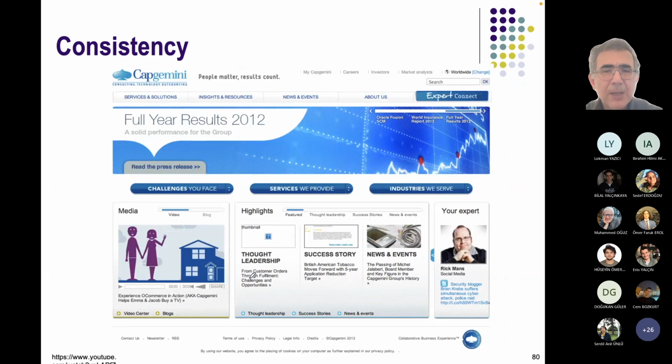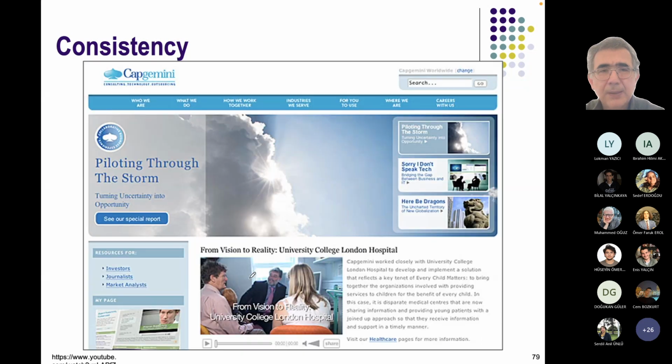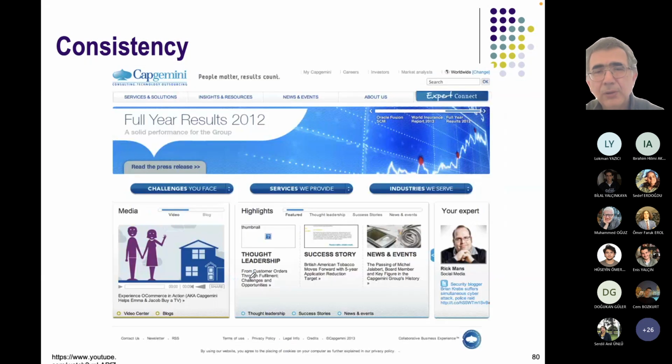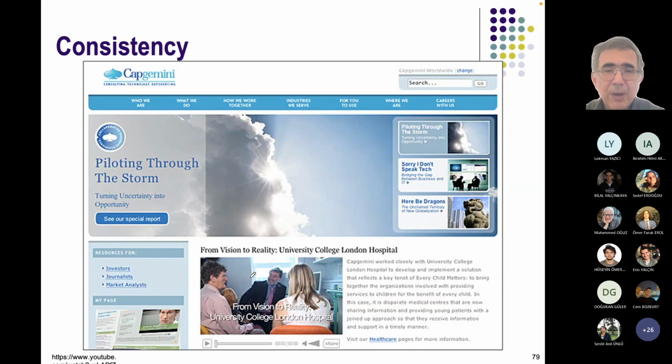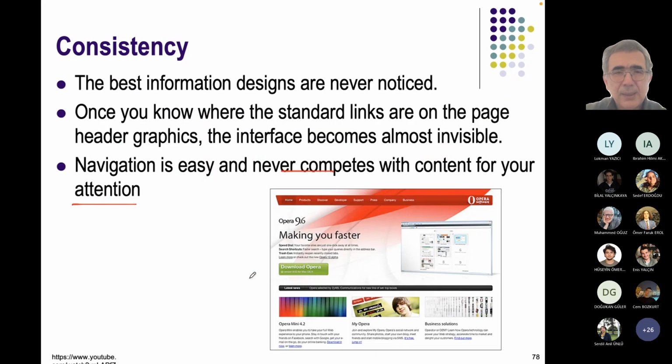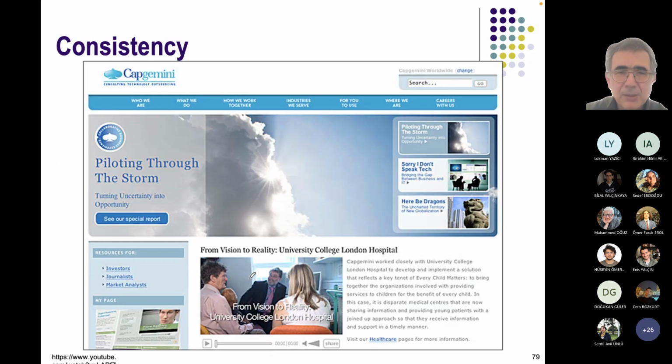There is some change, but still company consistency is present through the logo, the main colors, and the way you approach is the same. So consistency over time, and also the elements' consistency, must be looked after.